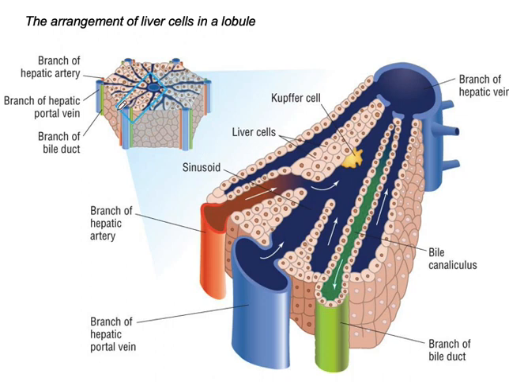We've got the lobule, the 6-sided hexagonal cylindrical lobule. We've got the red structure here being the branch of the hepatic artery, the blue bigger structure, the branch of the hepatic portal vein, and the green structure here, the branch of the bile duct, and together the interlobular vessel.